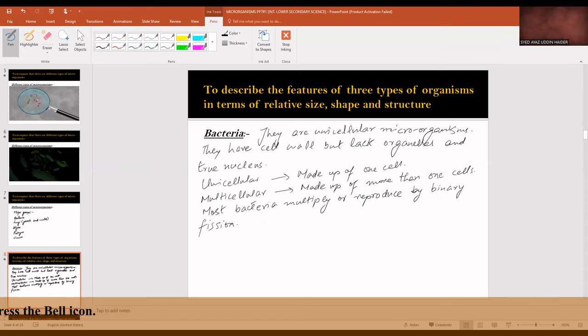In this process, single bacteria or bacterium divides into two identical daughter cells.